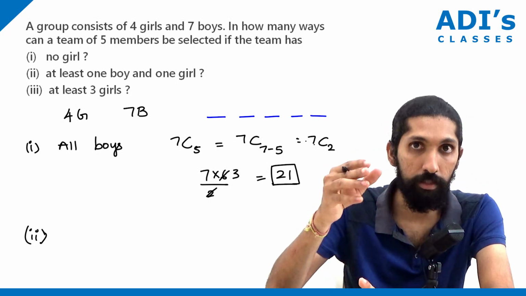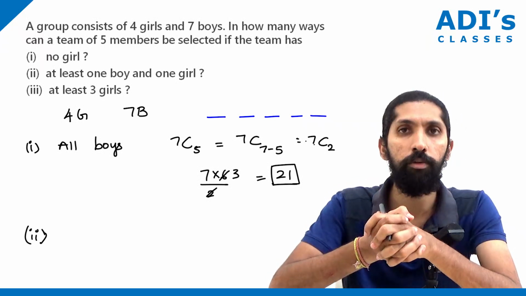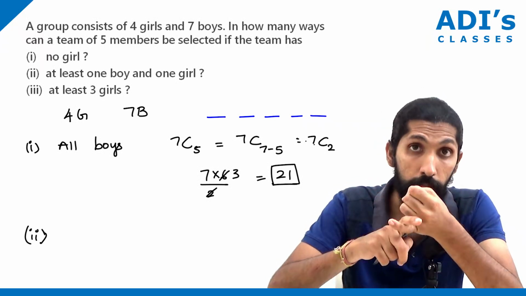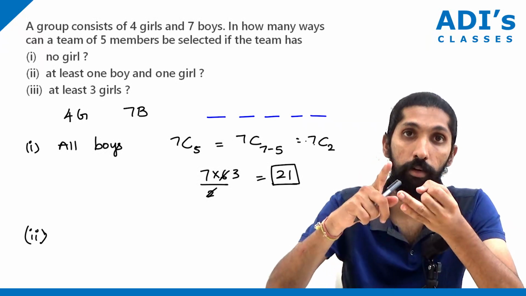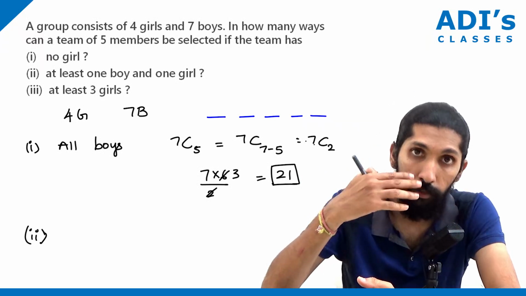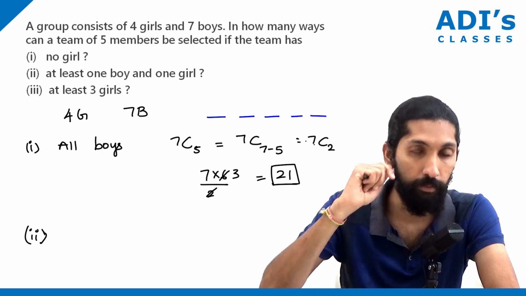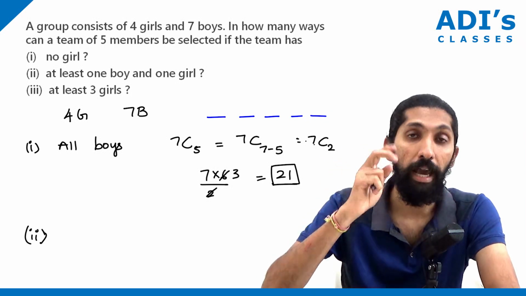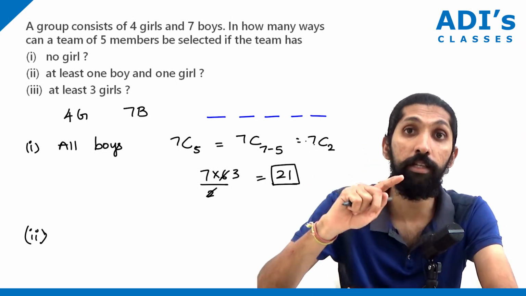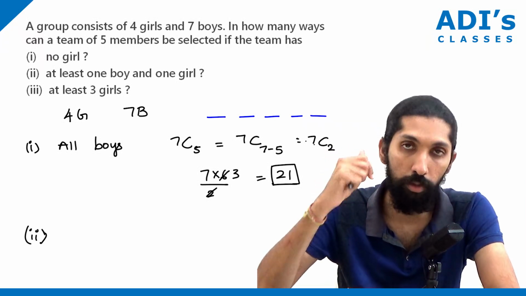Rather than doing this, how many combinations are you going to take? One boy, 2 boys, and then one girl, 2 girls. That itself will take a lot of time. So what we do, we take the total combination, and subtract the cases where it's not possible. That way it's much easier for us to solve it.